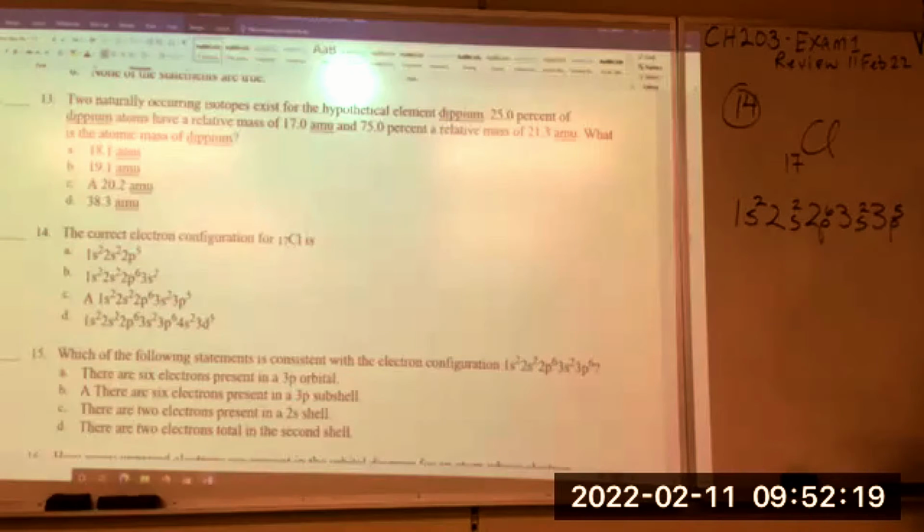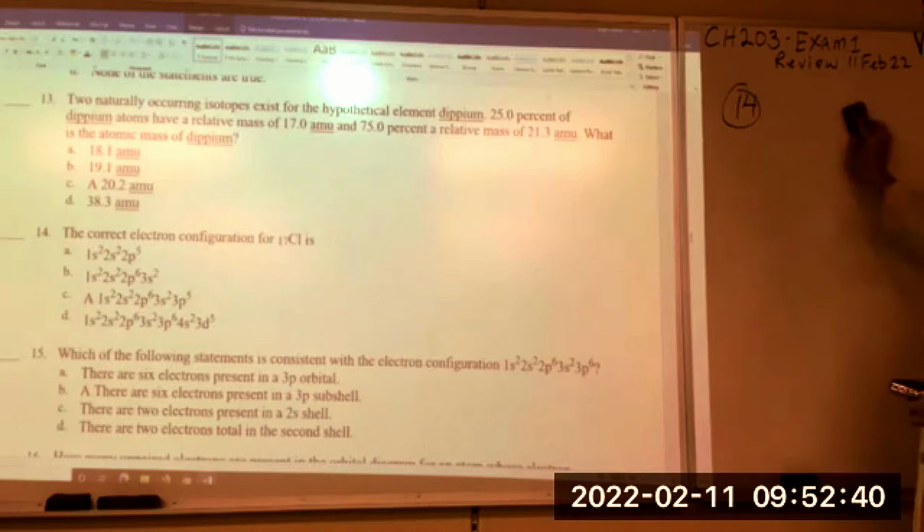But you can use it to do the rest of them, right? These are both 1s's. This is 2s, 2p. This is 3s, 3p right over there is 5 places. So you can do it that way. Or you can draw the diagonal if you want. That's chlorine.